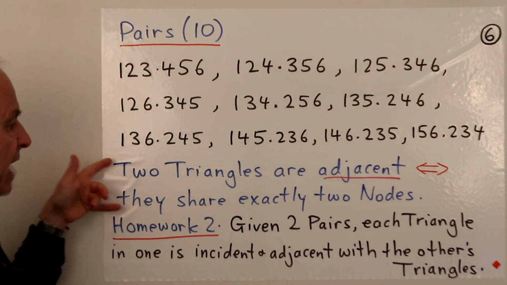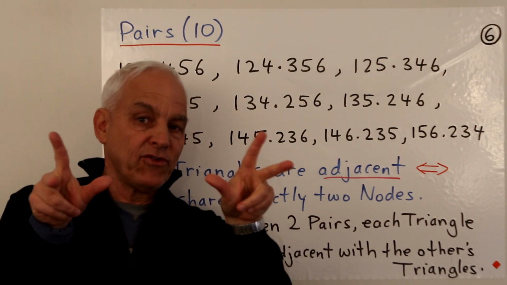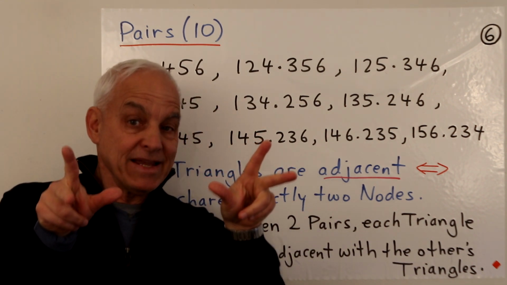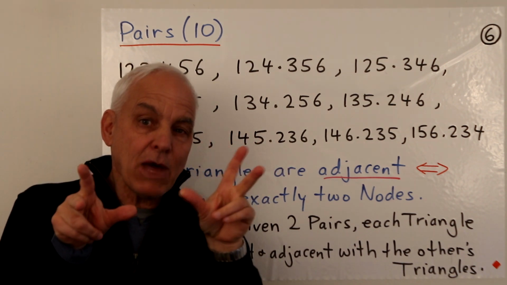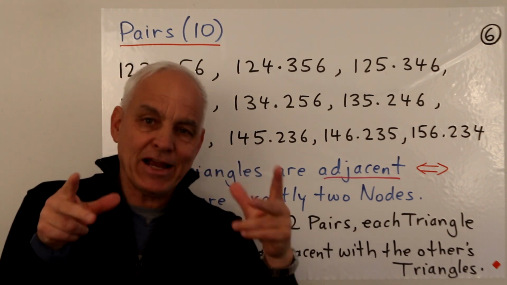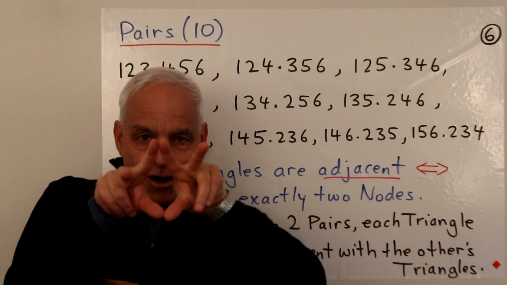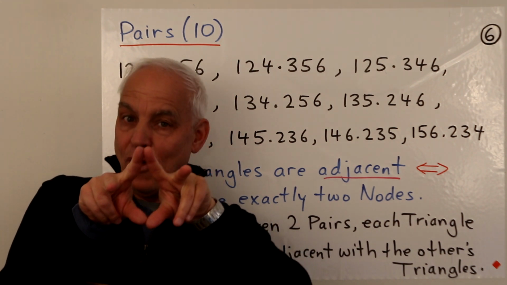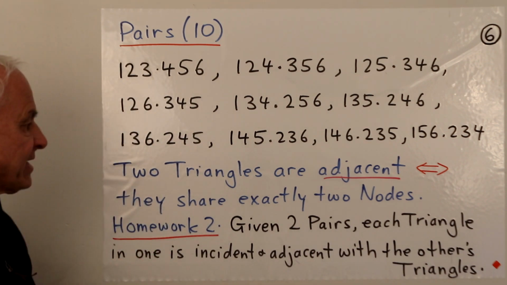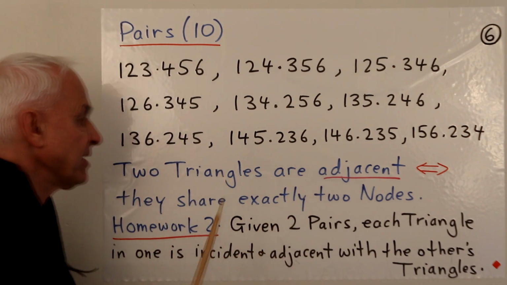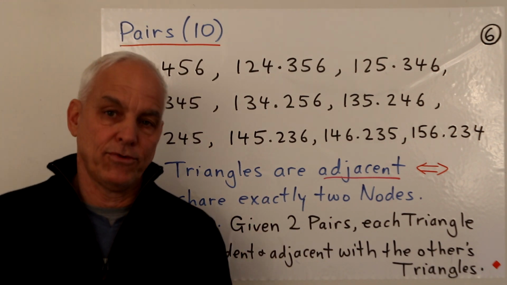Now let's make another definition about 2 triangles. Okay, so if we had 2 triangles, we said that they were incident when they shared exactly a node. I now want to also introduce a second term that captures when they are sharing 2 nodes, like this. Let's say that 2 triangles are adjacent precisely when they share exactly 2 nodes.